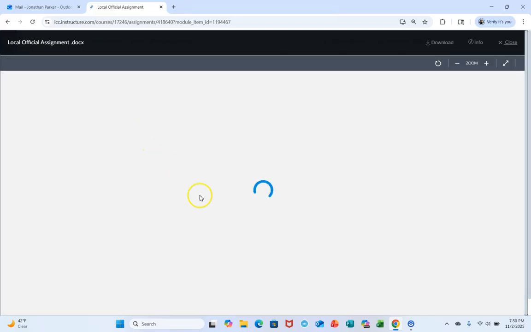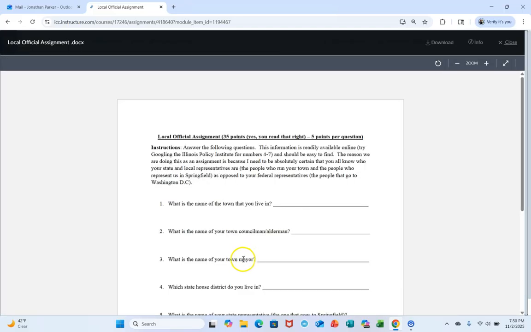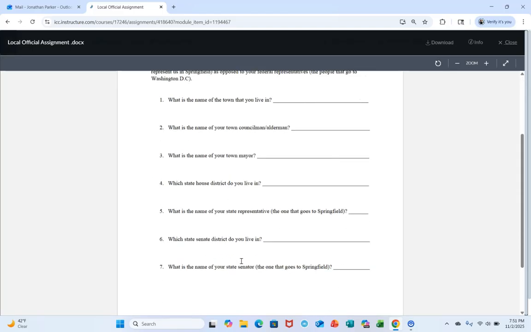Local officials. This may seem kind of goofy, but as your state and local government teacher, I really need to know that you know who your mayor is and what state house district you live in and who is your state senator, i.e. the one who goes to Springfield, not Dick Durbin or Tammy Duckworth.